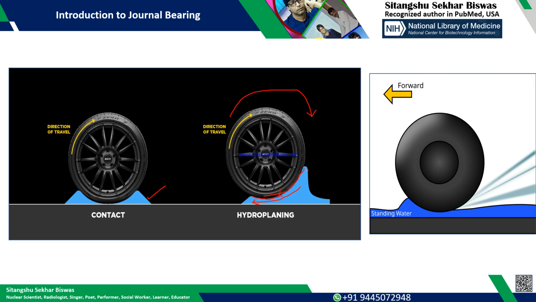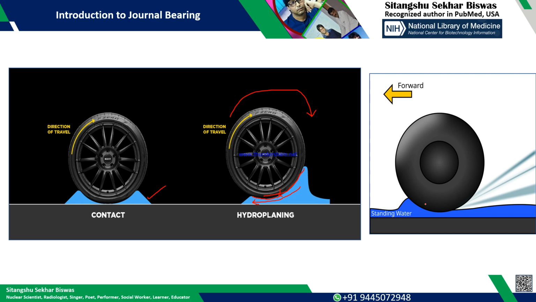The water which is just at the outer lining of the tire has the higher velocity, and comparatively the water which is stuck to the road has the lower velocity.